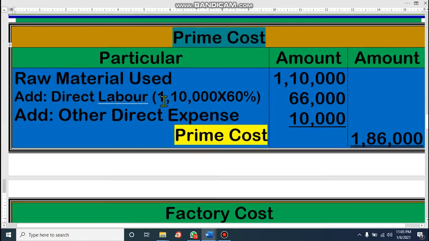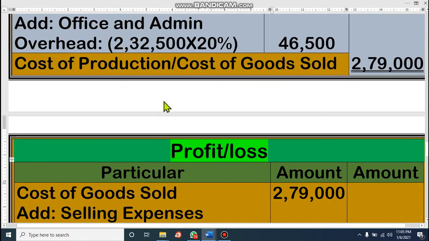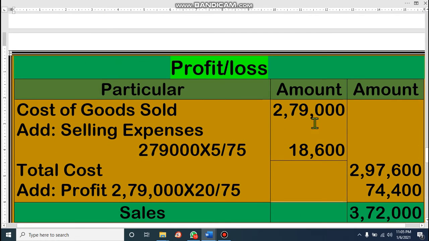Dear student, let's come to the solution. Cost of goods sold is 2,79,000, it is from B, and selling expenses is 5% on sales. If sales is 100, then selling expenses is 5 and profit is 20.